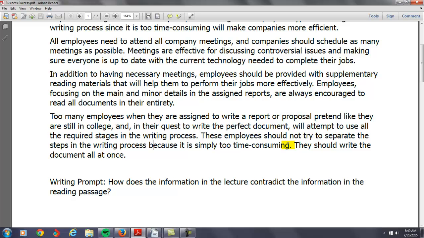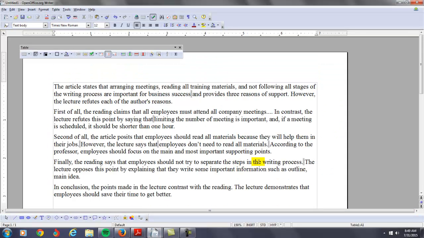Because it is too time consuming, they should write the document all at once. So you want to make sure, I have no problem with condensing the information, but don't leave out an important support point. Because it's not just what the argument is, but why does the writer make this argument? So again here, you should probably explain that a little bit more.